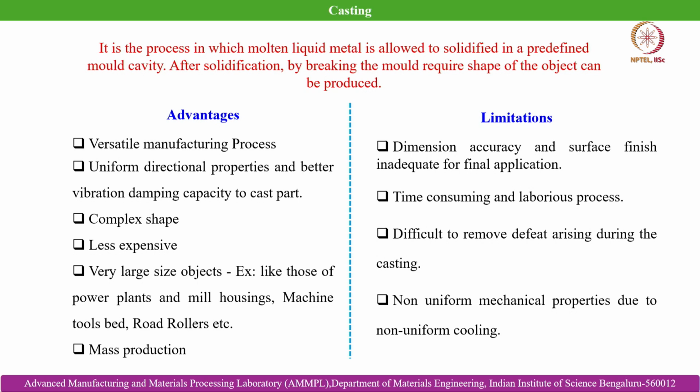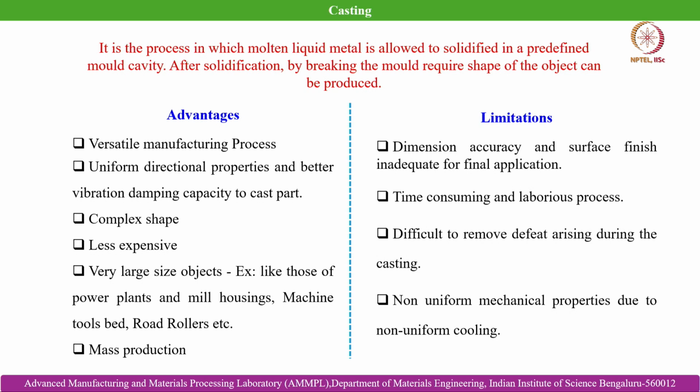However, there are certain limitations with the casting process. The mechanical properties are not up to the mark compared to what we can achieve with forging. Sand casting can sometimes be a labor intensive and time intensive process, and surface finish and dimensional tolerance are not up to the mark compared to, again, extrusion based processes.